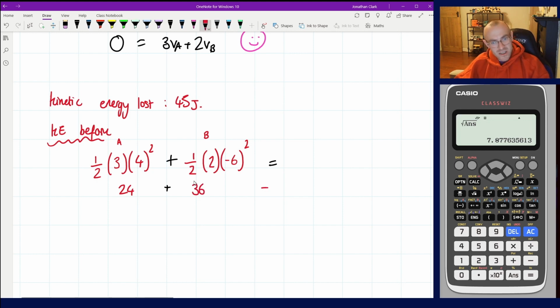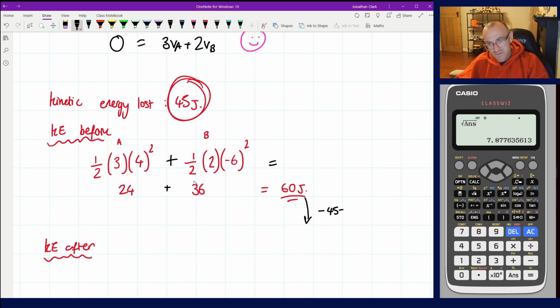So there's 60 joules worth of energy before the collision. I know that the energy lost is 45 joules. So going from the energy before to the energy after, I know that I'm losing 45 joules worth, which means the kinetic energy after should be 15 joules.